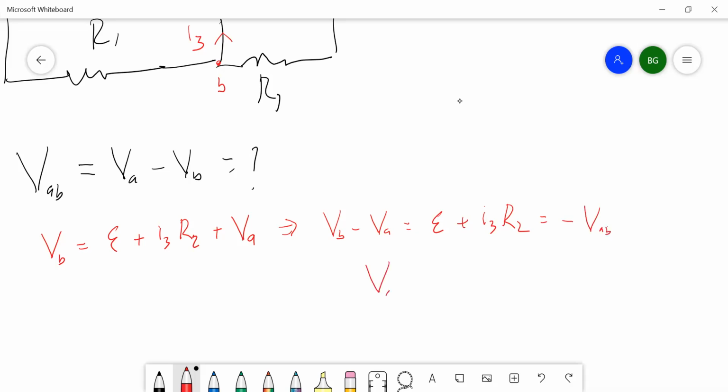So VAB is minus epsilon minus I3 R2. Okay?